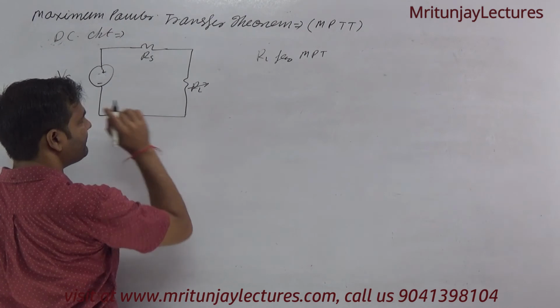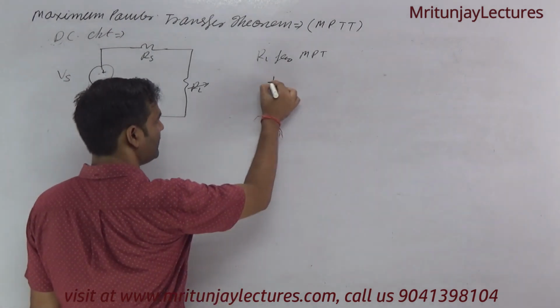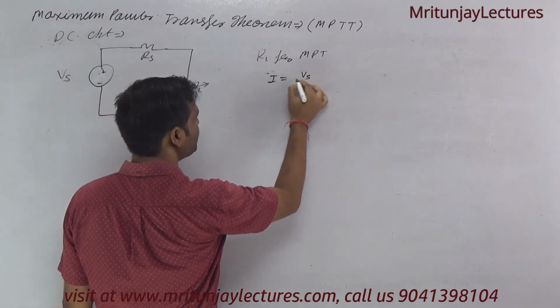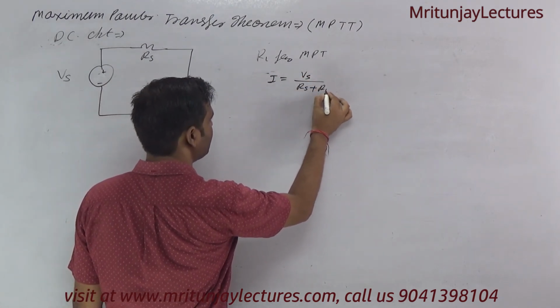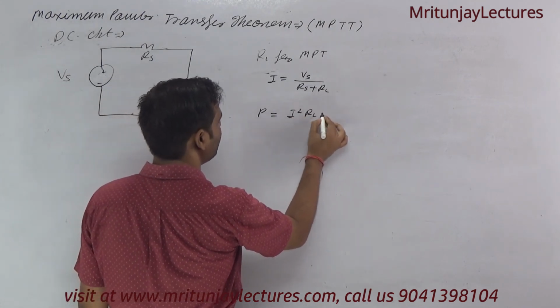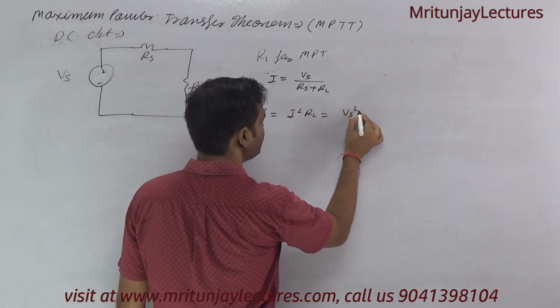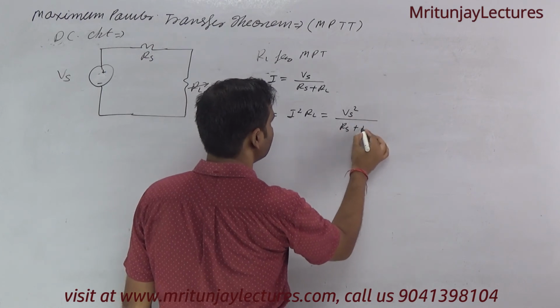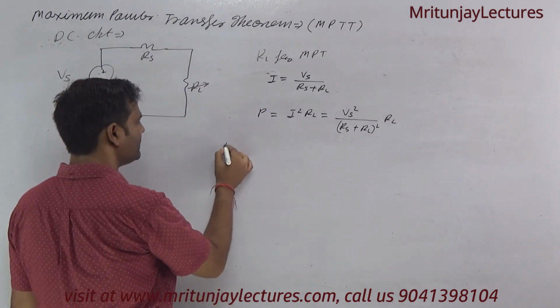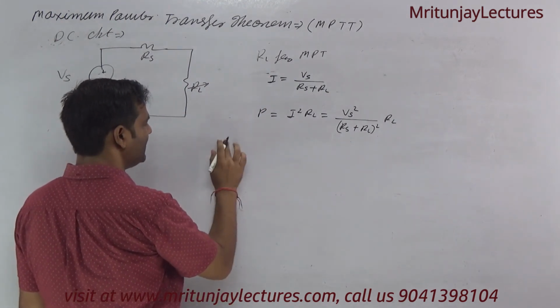So first of all, what about I? Simply I equals Vs divided by RS plus RL. What about power? That is I squared into RL. It is written as V squared upon (RS plus RL) squared into RL. Okay, maximum power.